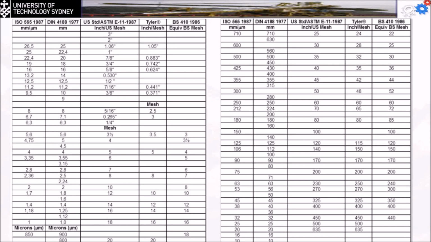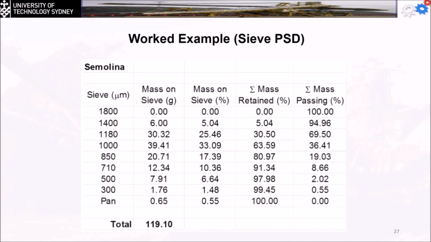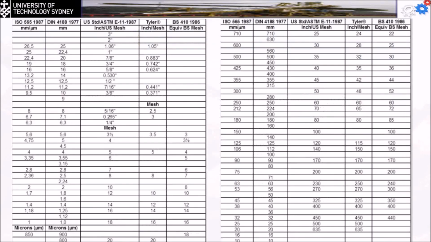You don't have to read all that. You're going to use it actually in the lab. The guys there will tell you how to use them. You can use either the ISO standard, the DIN, the German, the US Tyler, which is American as well, and the British standard. Well, usually we're using the ISO standard.